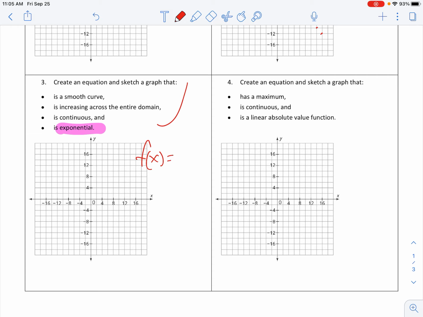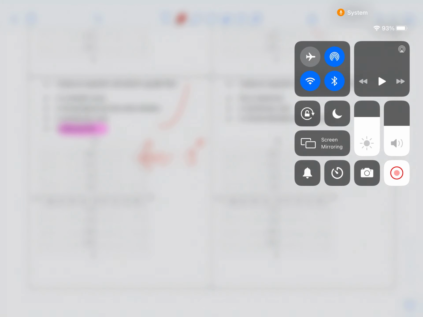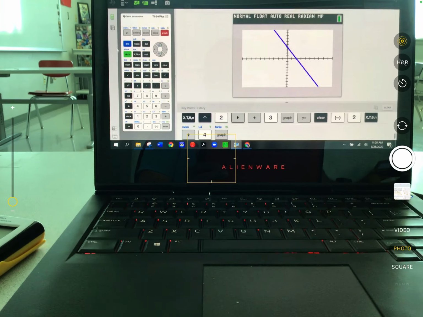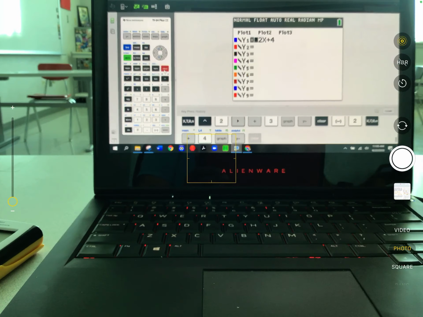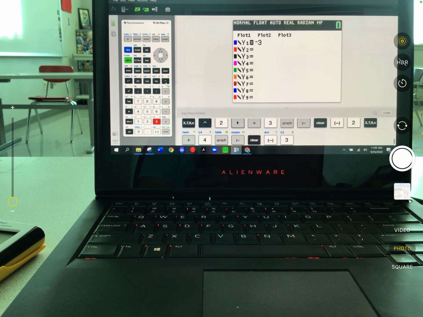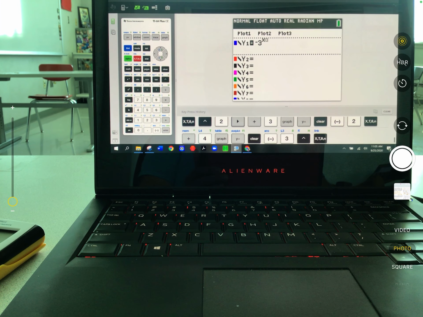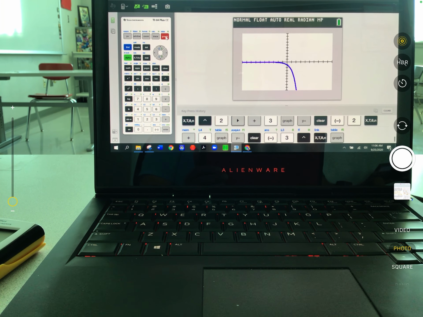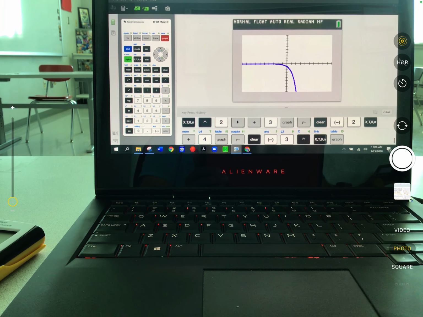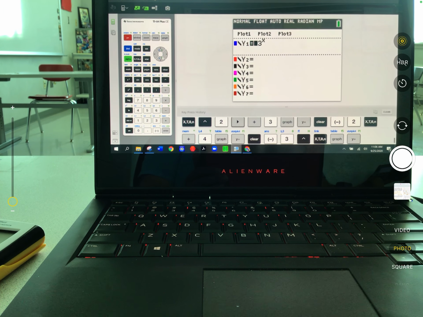So in this problem, we've seen a whole bunch of them. Let's just again try it and check in our calculator. Let me try a negative 3. It's got to be to the x power because that's an exponential. So when I go check that on my calculator, I wrote negative 3 to the x. Is it increasing? Nope, it's not. So my guess was wrong. So let's go modify that.